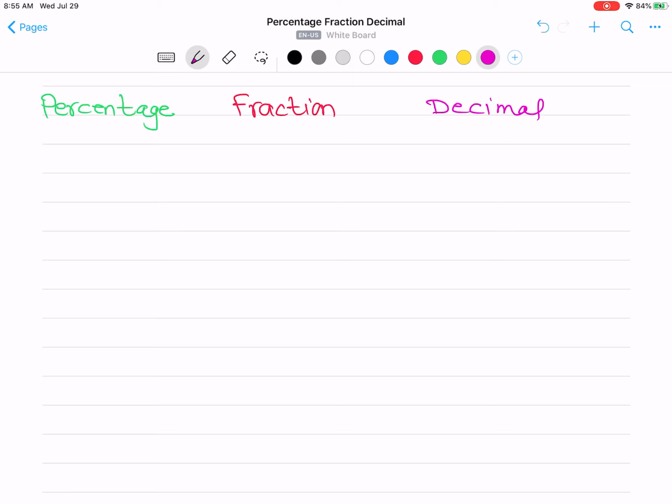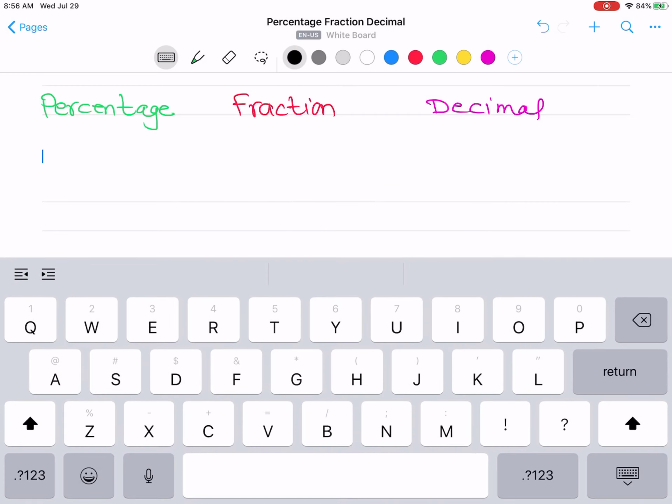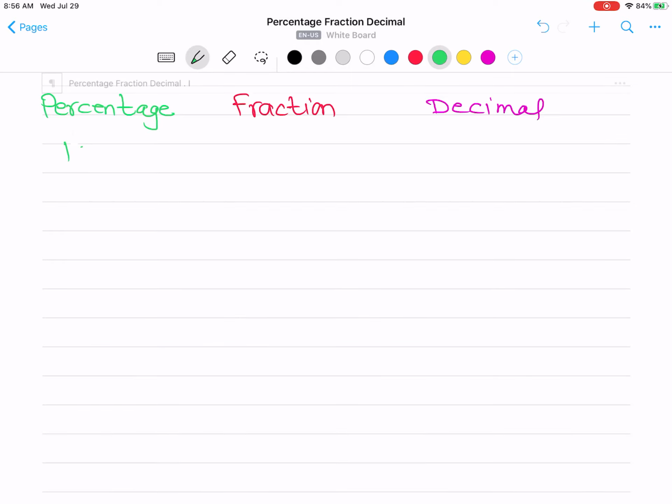So suppose let's take the easiest example. Let's take the example of 10%.